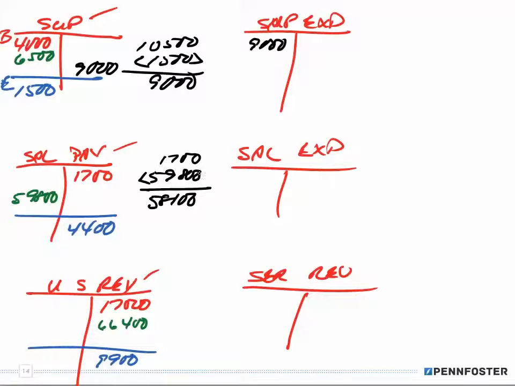Remember, this is a credit, and this is a debit. Right now I have a debit of 58,100, but I need to get to 4,400, so I have to add that in, plus 4,400.